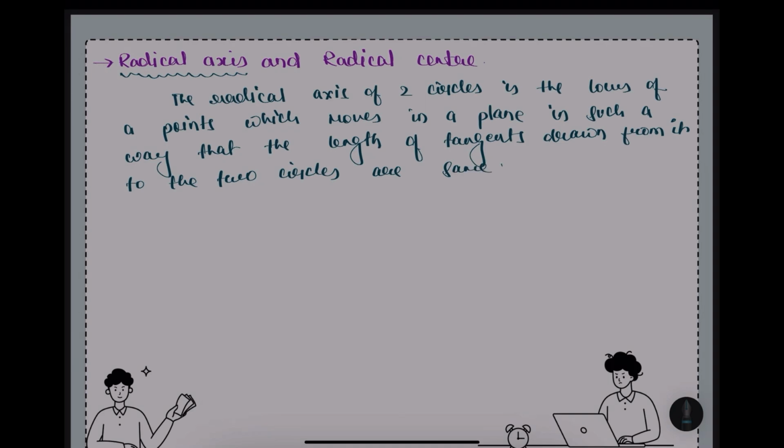Suppose that this is the first circle and this is second circle, and you have to drop down, like suppose it's a line, randomly I am writing.